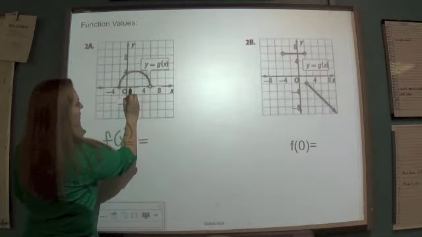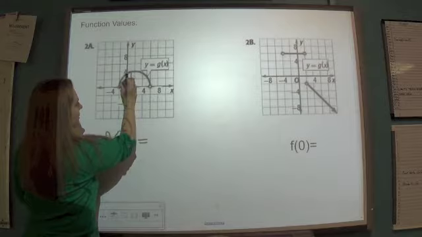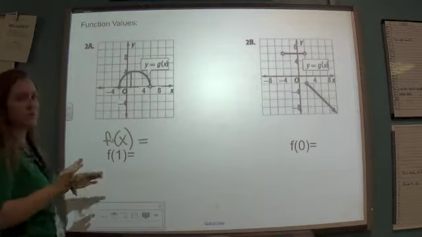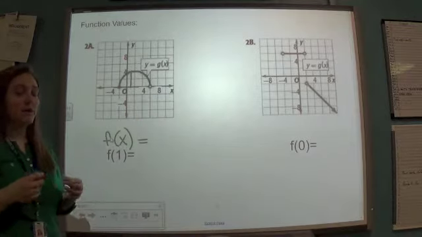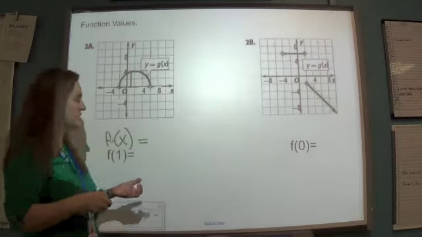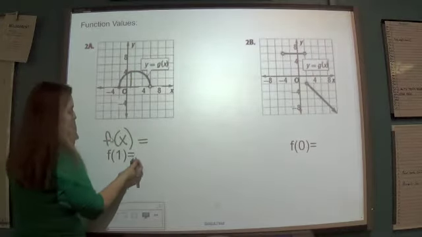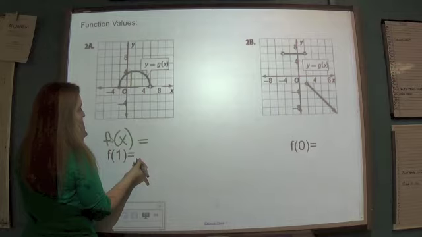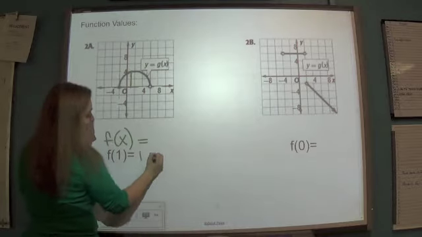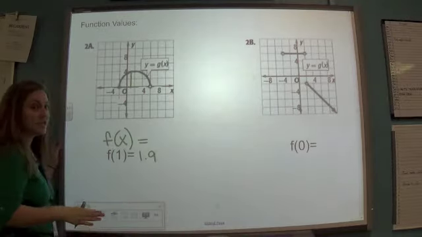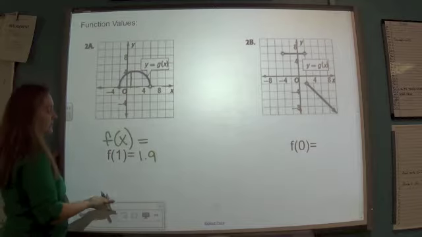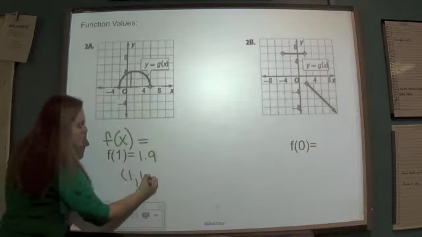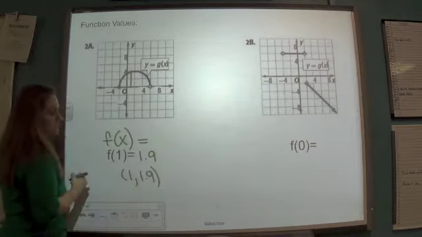And I go all the way up, right here, and it's about 2. We're just estimating the graph. So f(1) is about 2. So we're going to say 1.9. It's just an estimation. So the point would be (1, 1.9).